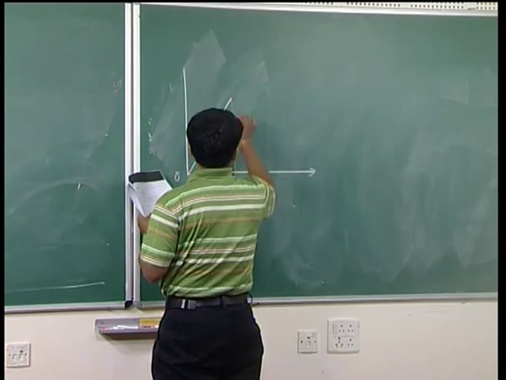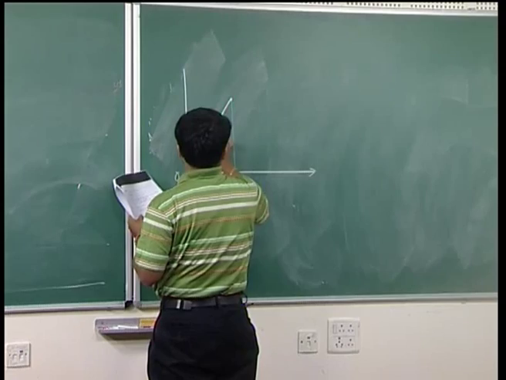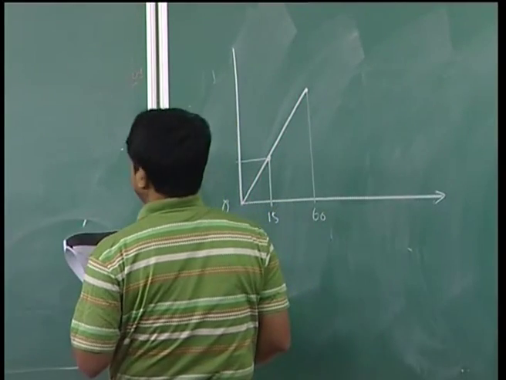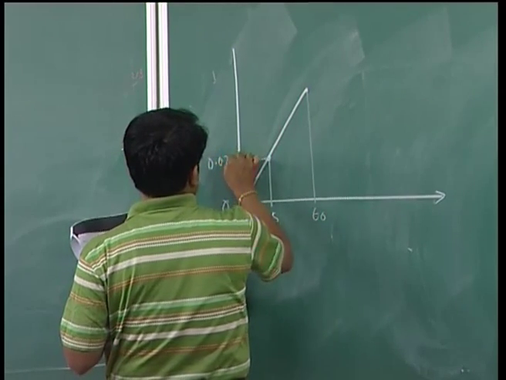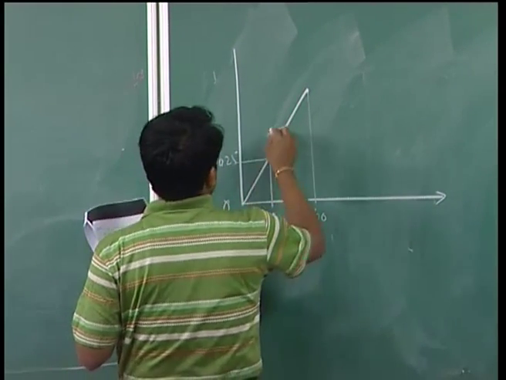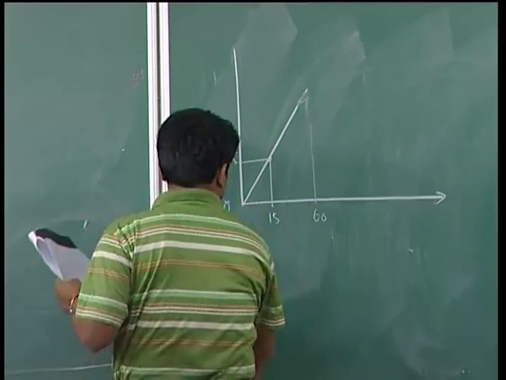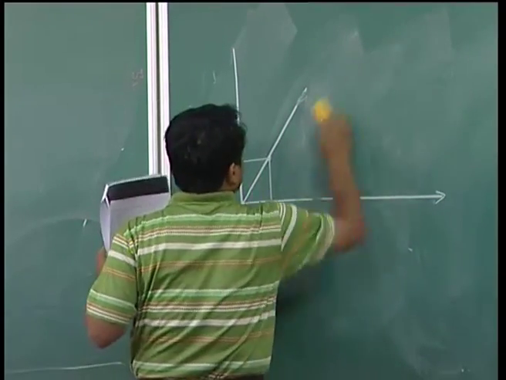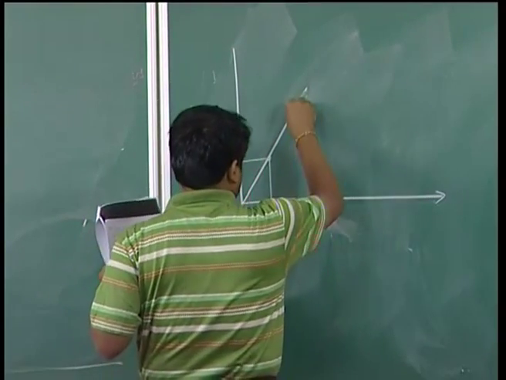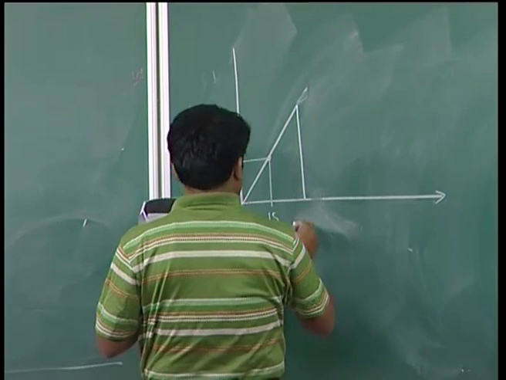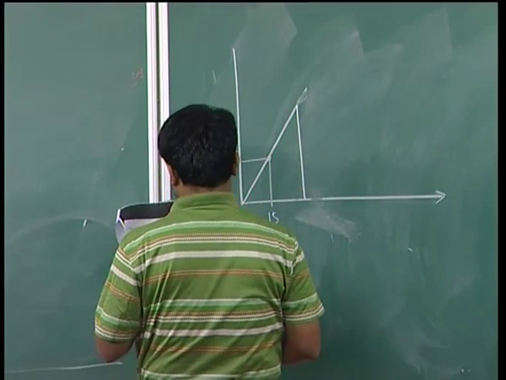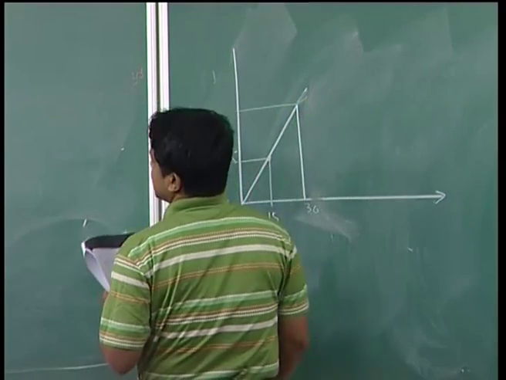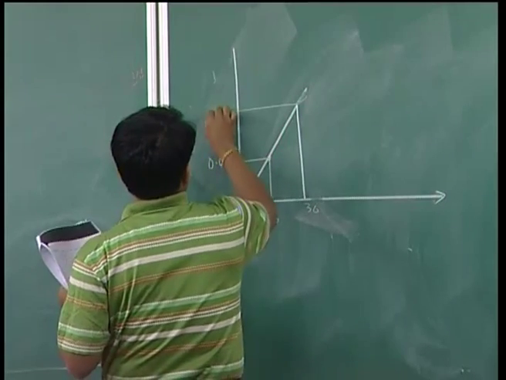This is one point, this is another point: 15 meter, 0.025 second. Then 30 gives how much? 0.05.